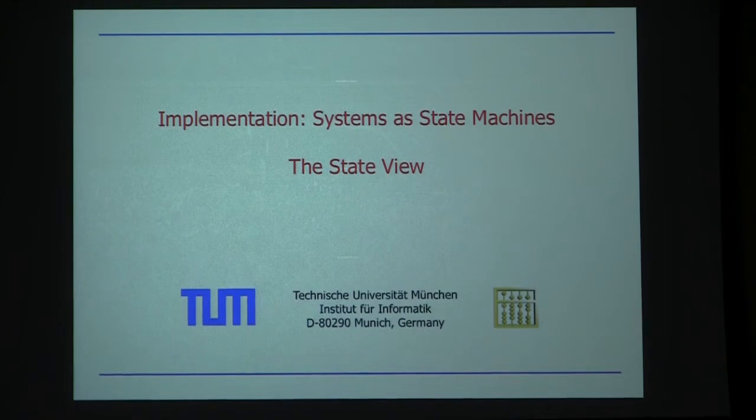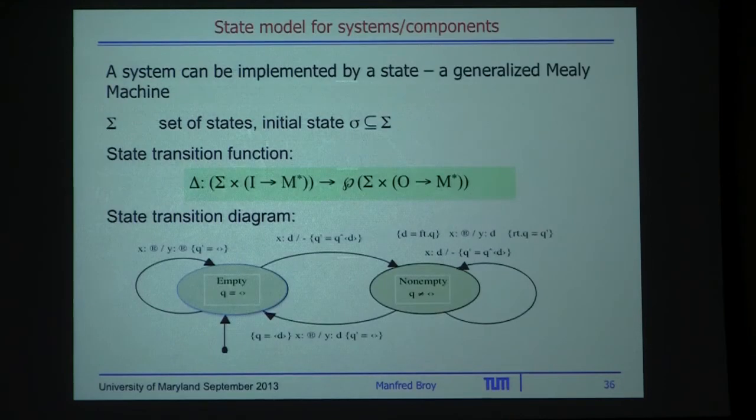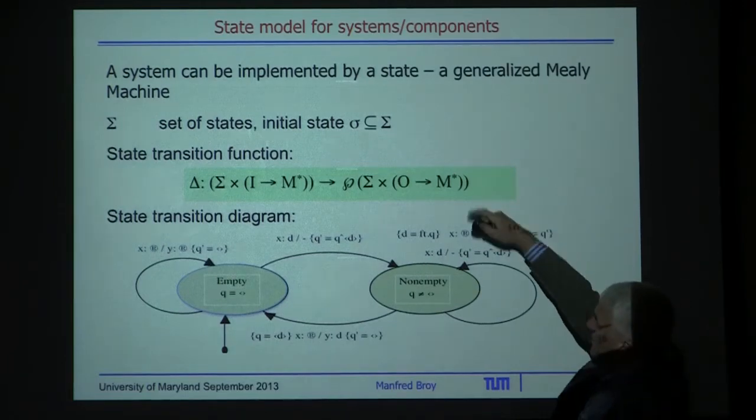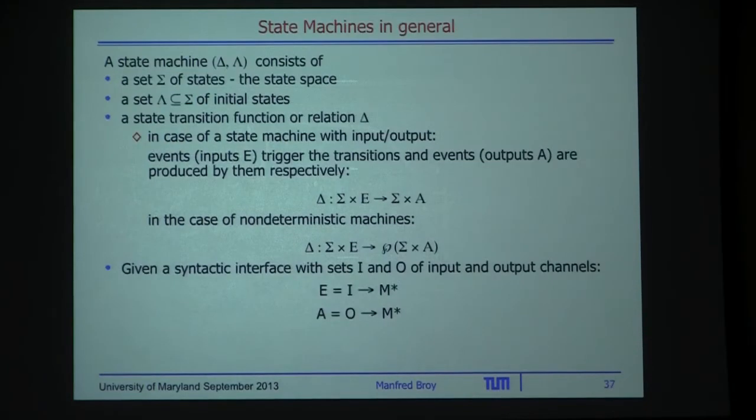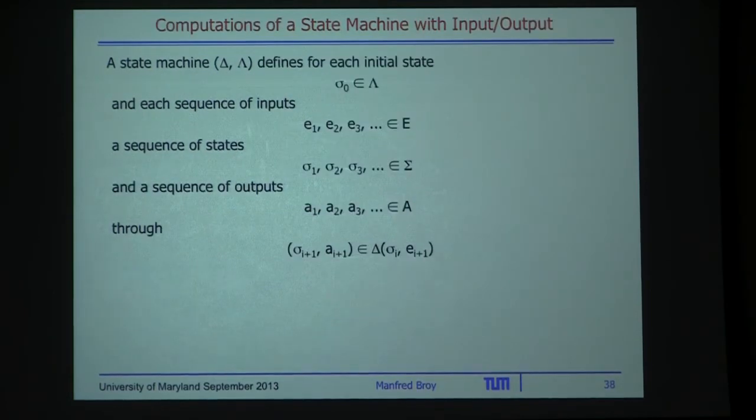You can introduce state machines. This is very typical. You can write state transition diagrams. You get a communication model of state machines. You can then introduce a notion of computations. I'm sorry to be very fast here.